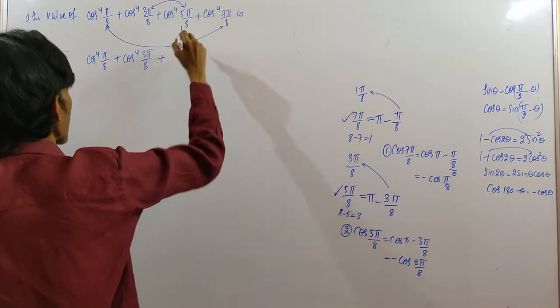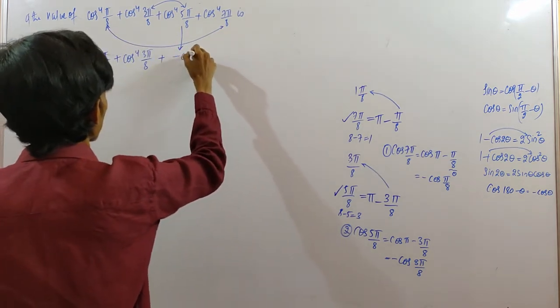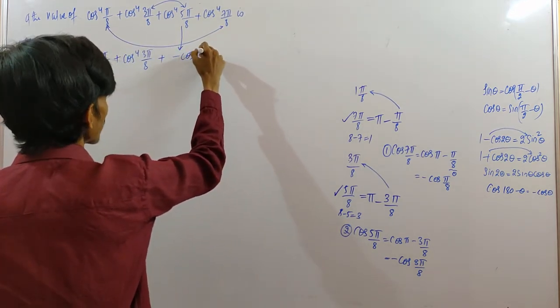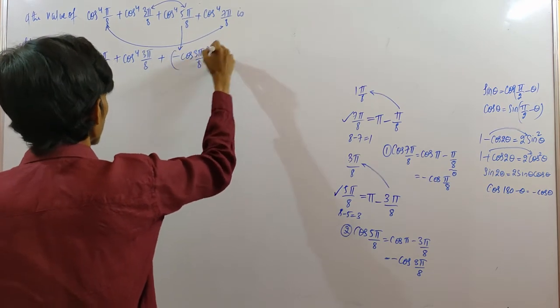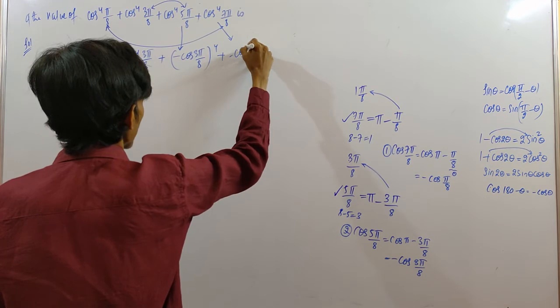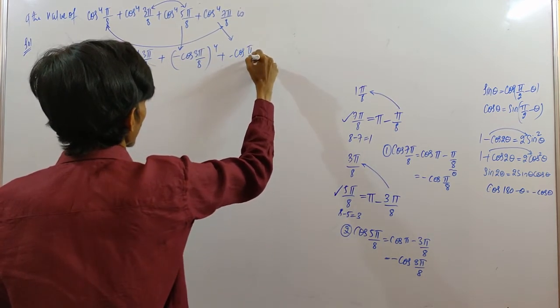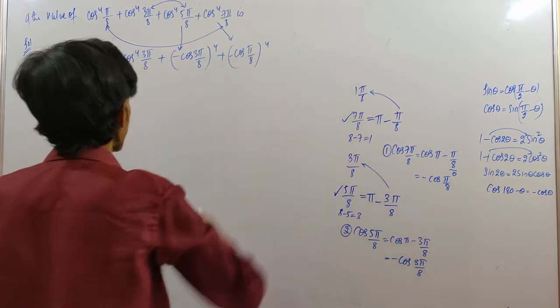Now the 5 pi by 8 value is (minus cos 3 pi by 8) whole power of 4, plus this value will become (minus cos pi by 8) whole power of 4.